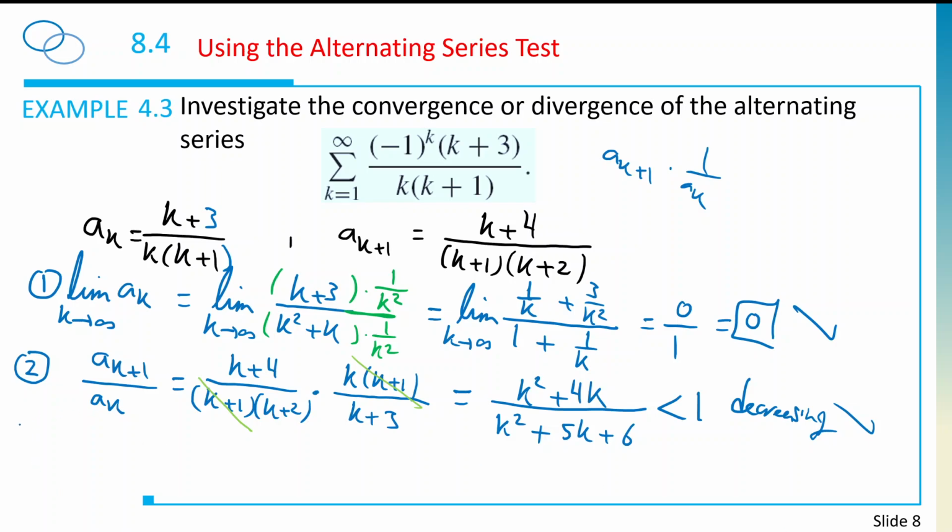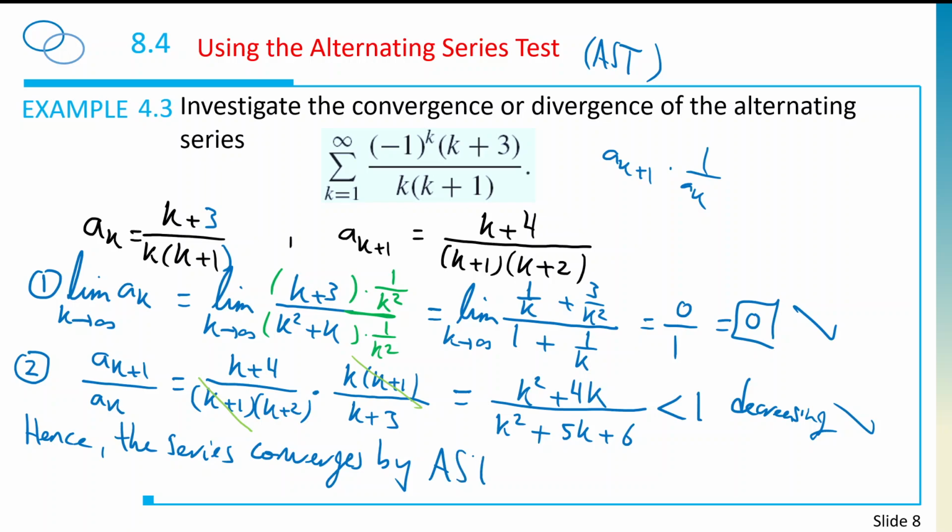If I have the two conditions satisfied, I can easily say that hence the series converges by, I'll call it from now on, the alternating series test. And we're done. You see, very simple, two conditions.